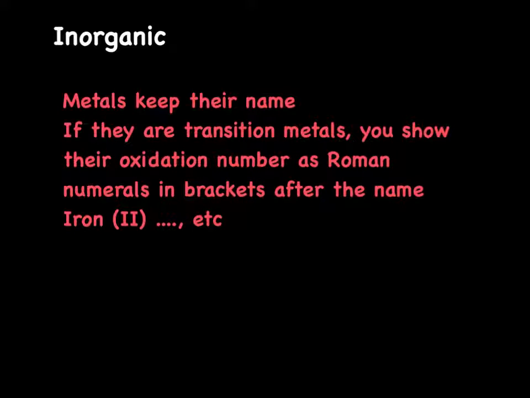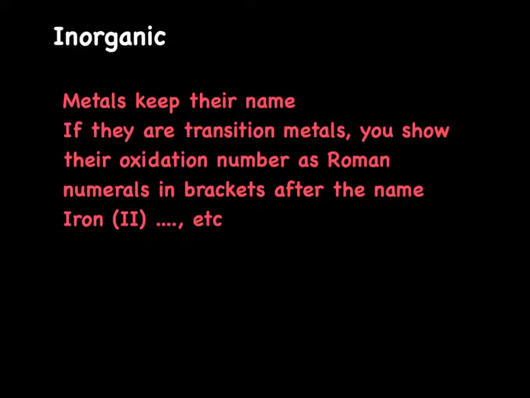However, if it doesn't belong to the main groups, in other words, group 1 or group 2 chiefly, then it is a transition metal, and we have to let the reader know what its oxidation number is. Now, transition metals can have a variety of oxidation numbers.